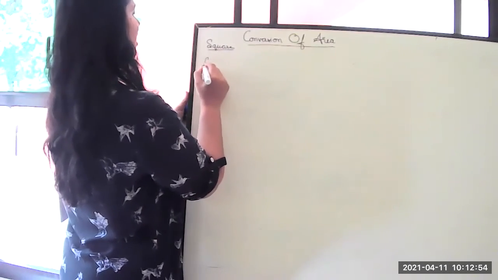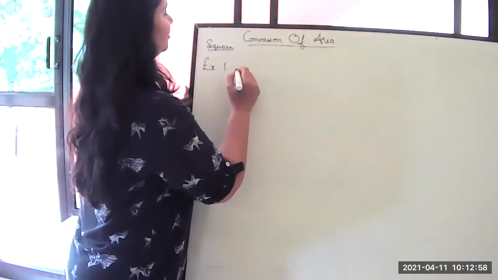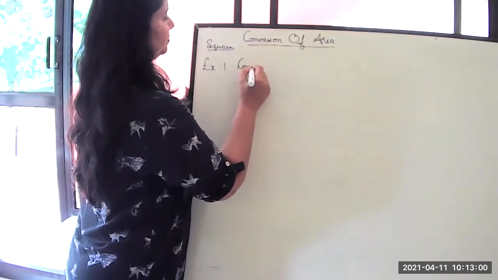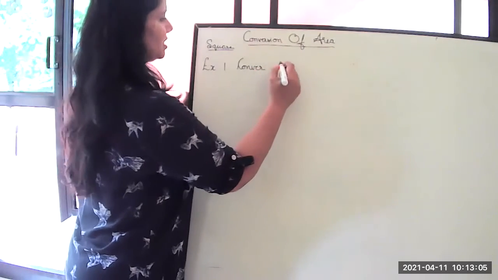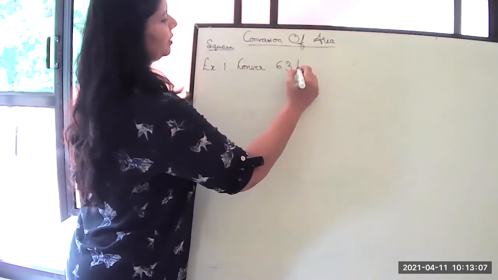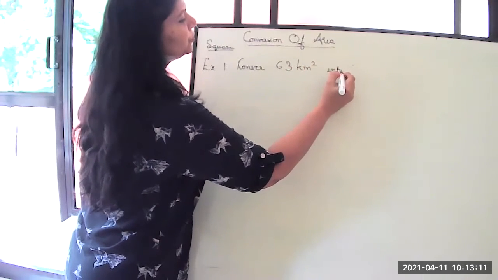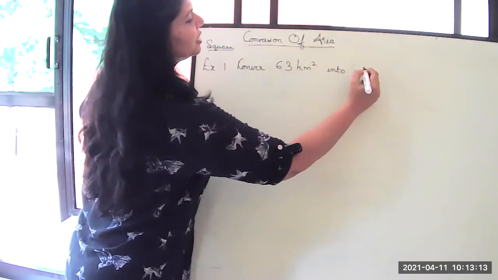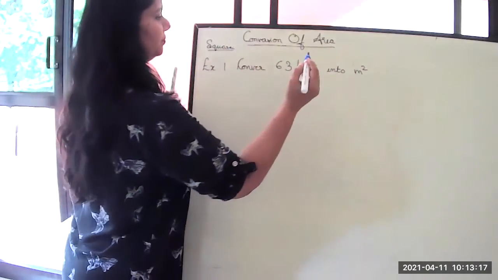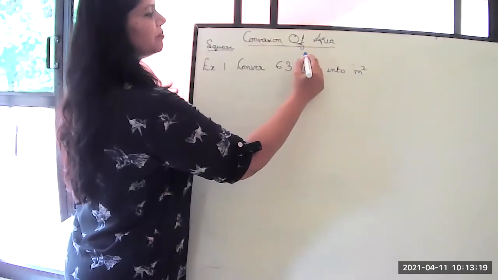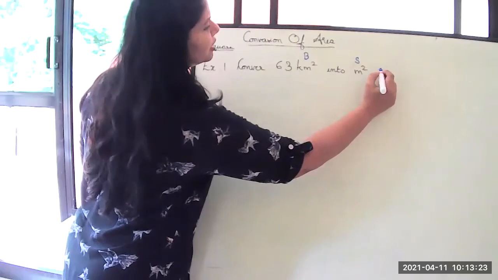Okay. So example 1. Convert 63 kilometers square into meters square. So here kilometer is a bigger unit and meter is a smaller unit.